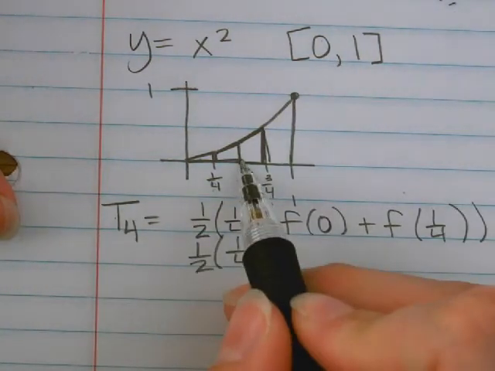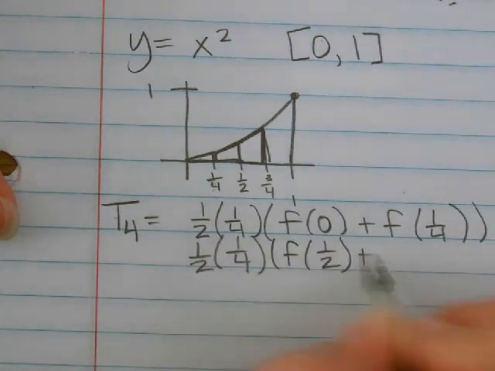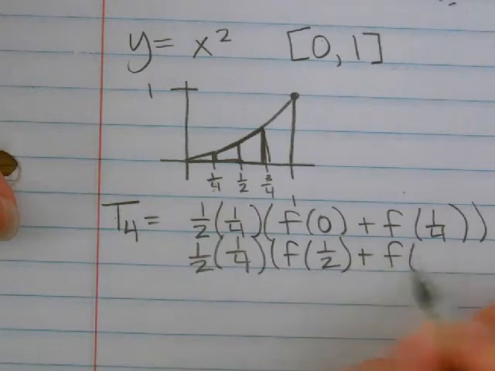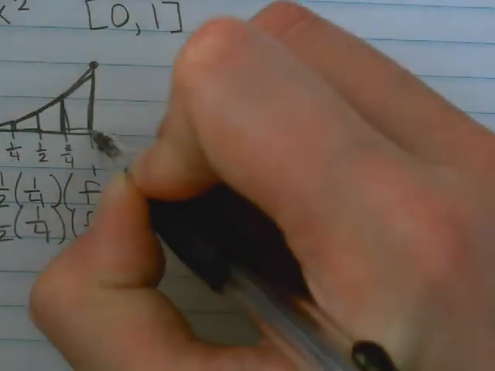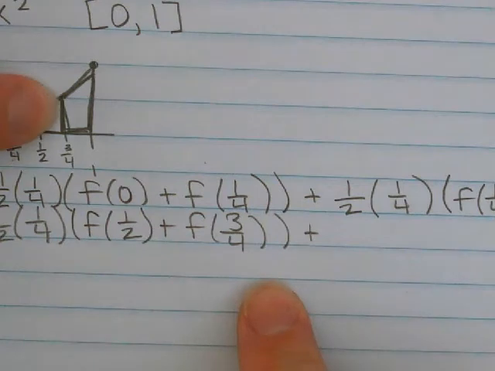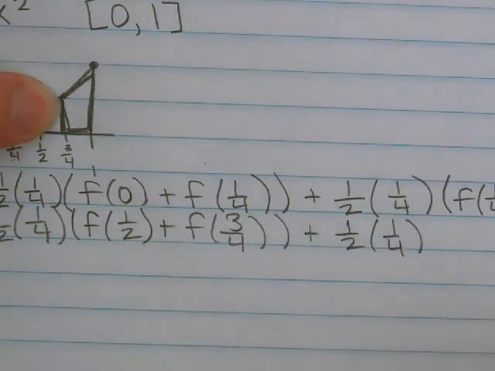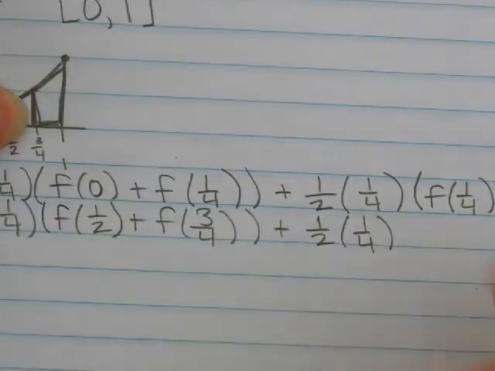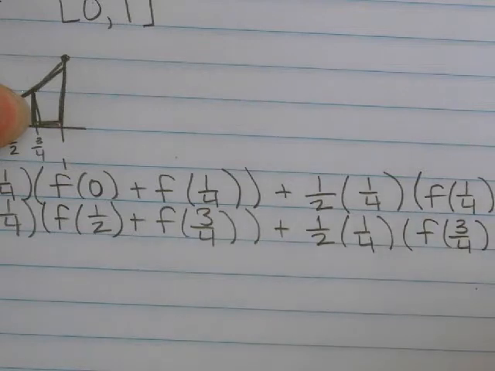The left base is what I get when I evaluate the function at 1/2. The right base is what I get when I evaluate the function at 3/4. And then I have my last trapezoid. This is also going to have a height of 1/4. The left base is what I get when I evaluate the function at 3/4, and the right base is what I get when I evaluate the function at 1.